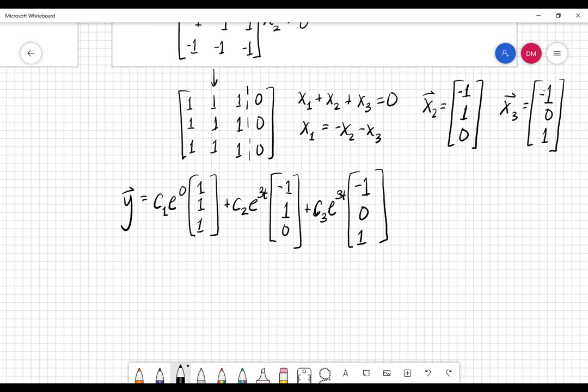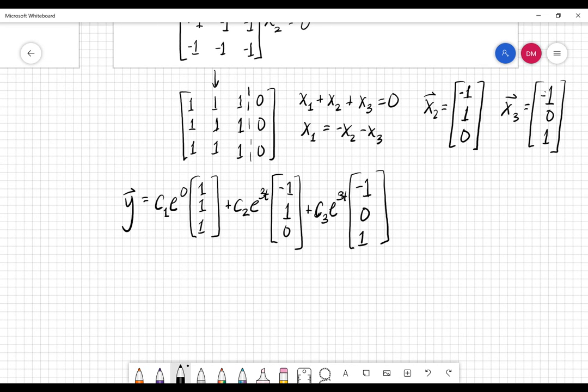Okay. Now again, we can put this into a more full matrix form here with our fundamental matrix, which would look like this, times C1, C2, C3.